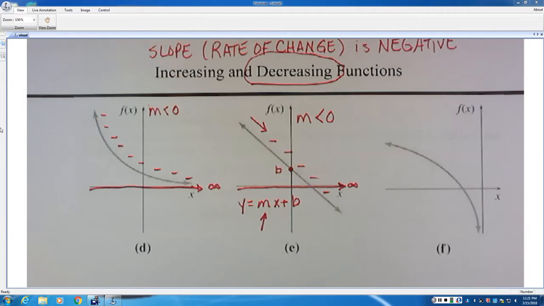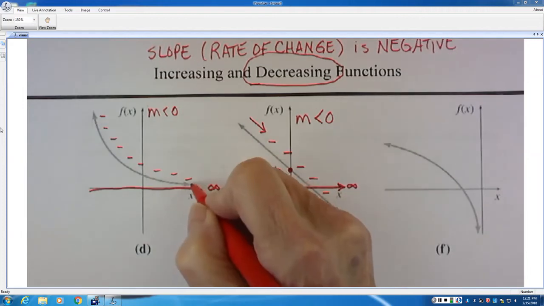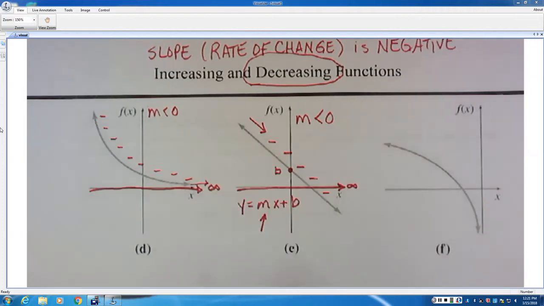Now here again, notice that the end behavior of that function, it appears that it's leveling out and it's going to approach the x-axis, but it's not ever going to touch it. So eventually, even though the slope is negative, the slope will be very, very small and very close to 0.